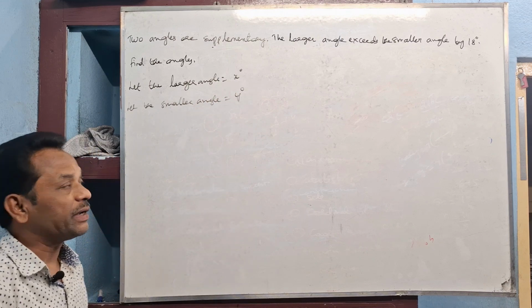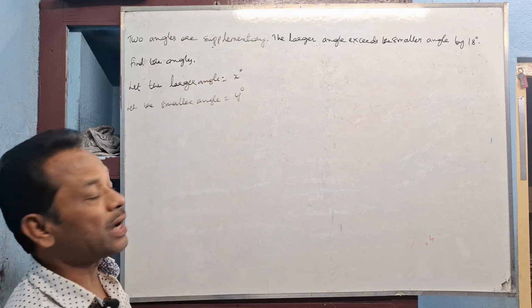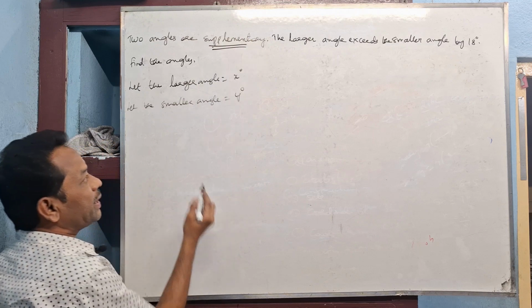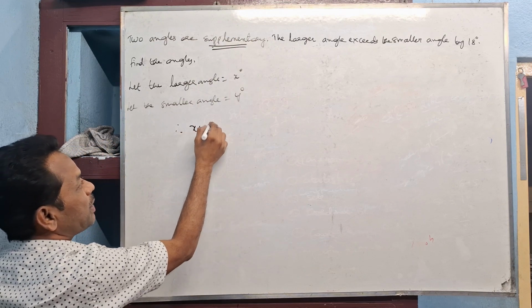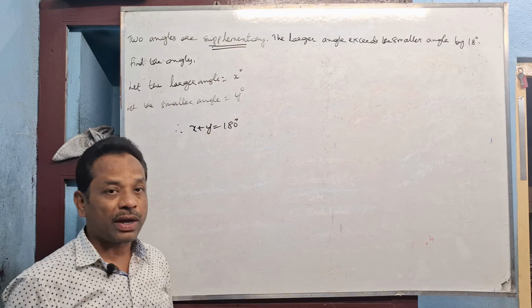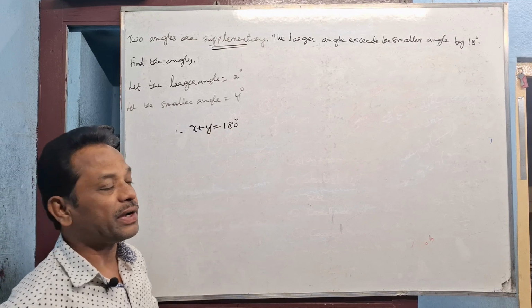Given that the two angles are supplementary, x plus y equals 180 degrees. If the sum of two angles is 180, they are called supplementary angles.